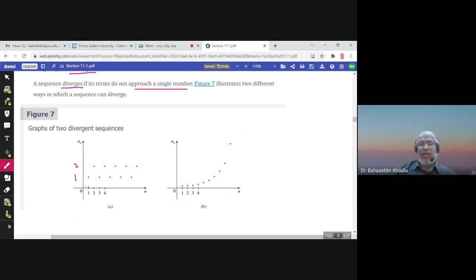So for some terms it's 1, for other terms it's 2. So the sequence at the end does not approach a single number. So this is a divergent sequence. Or the sequence could go like this to infinity. So it doesn't approach a single number. So it's divergent. It increases like this without bound.